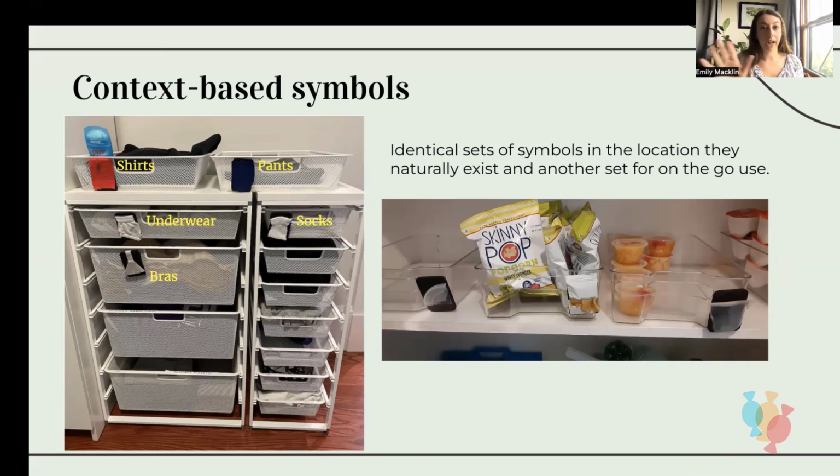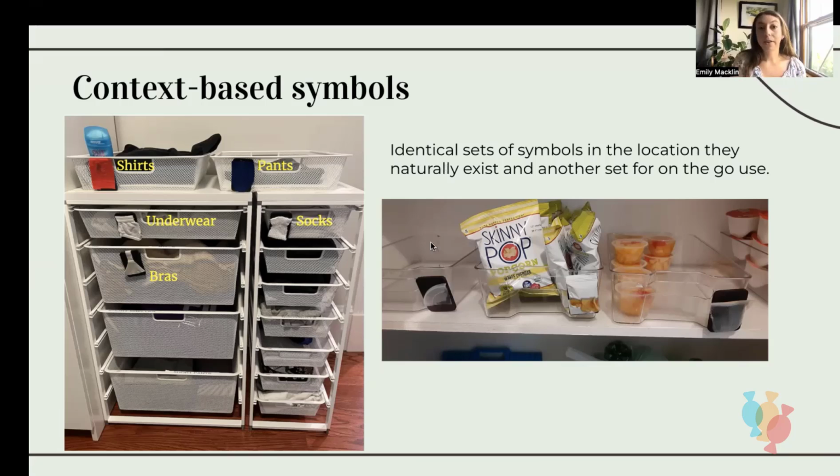So if she's guiding her hand over her dresser and clothing systems, she can feel, oh, that's where bras are stored, that's where socks are stored. But also if she wants to talk about socks, her socks are uncomfortable, she likes her socks, she needs socks, something like that, we will have an identical set of these symbols made at hand for on-the-go use and other purposes.